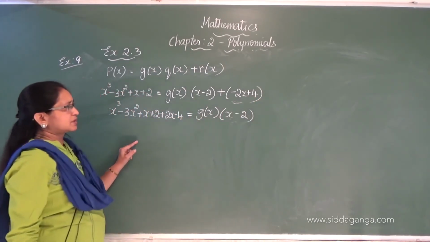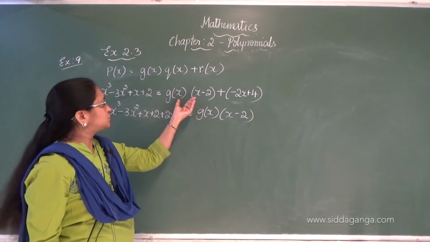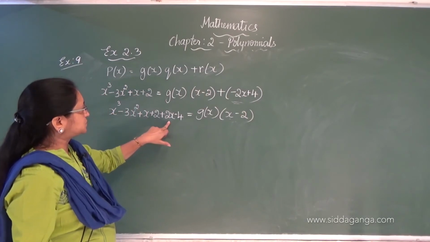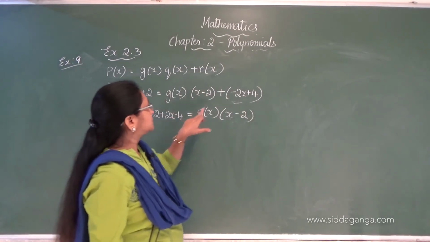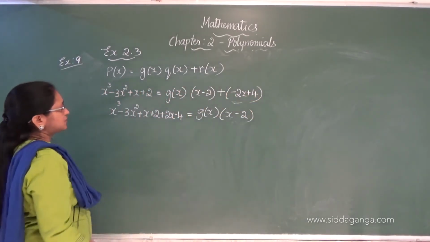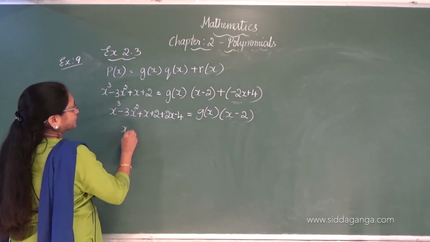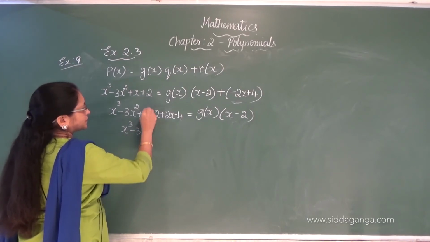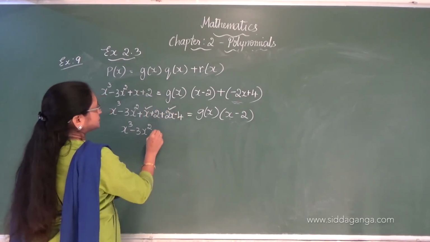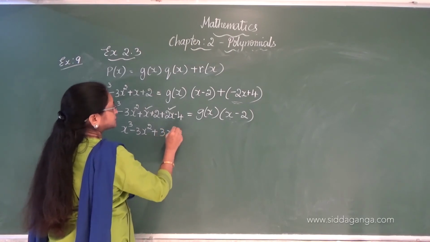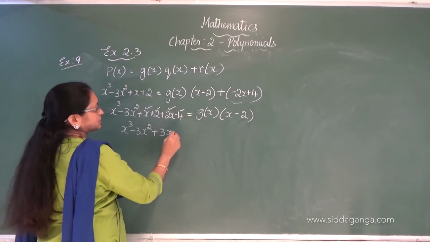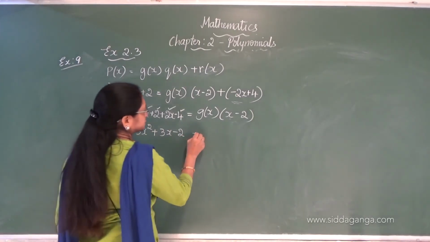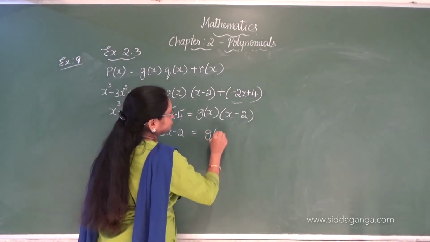I hope it is clear. First let us solve this. X cube minus 3x square, here plus x plus 2x becomes 3x, here minus 4 plus 2 becomes minus 2. Now this is equal to g of x into x minus 2.